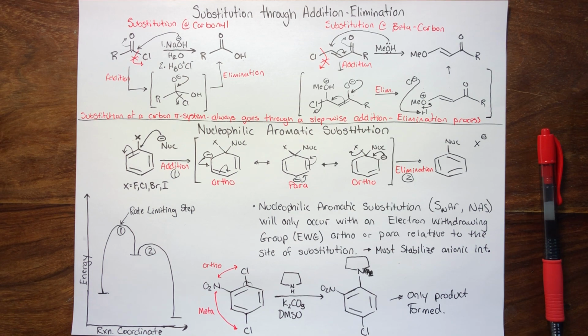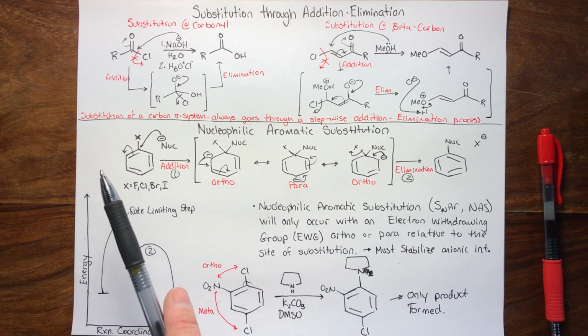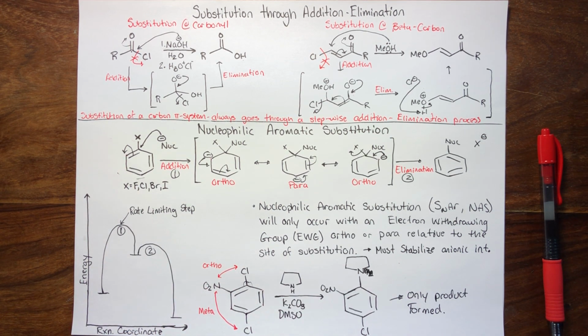So for nucleophilic aromatic substitution to occur, we need to make sure that we have an electron withdrawing group on the benzene ring that is undergoing substitution, and that electron withdrawing group has either an ortho relationship or a para relationship with the group that is being replaced, in this case a halogen group.